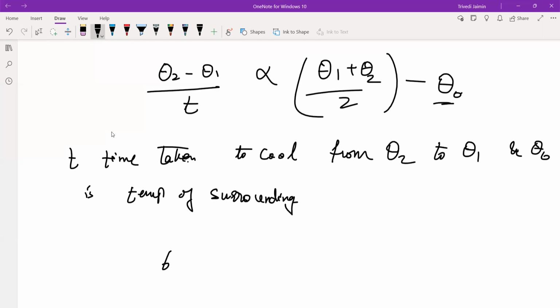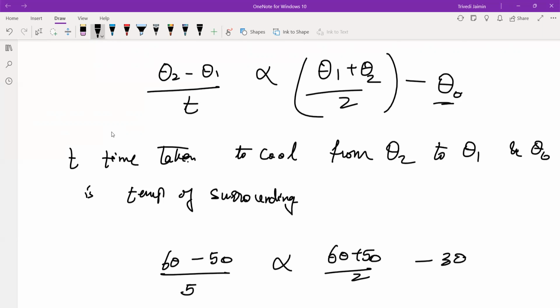So it was 60 minus 50 first, and this in 5 minutes is proportional to, what was this? 60 plus 50 by 2 minus 30.